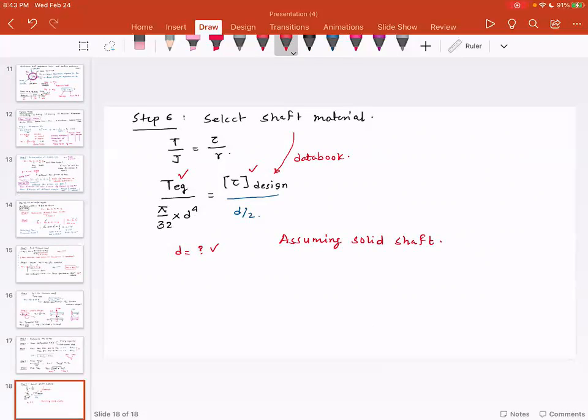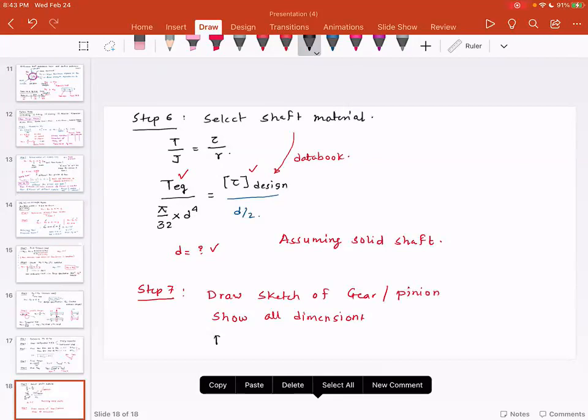Last but not least, it's always a good idea to draw a neat sketch. So step 7 is to draw a sketch of the gear or pinion and show all dimensions.